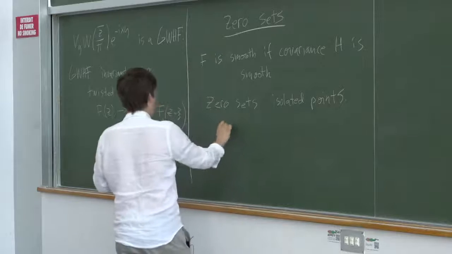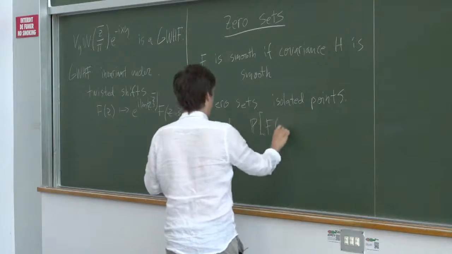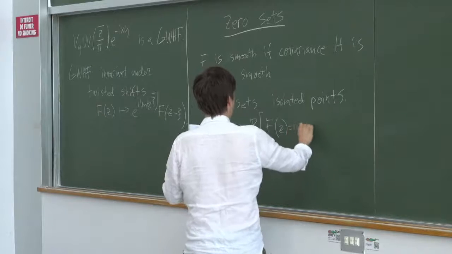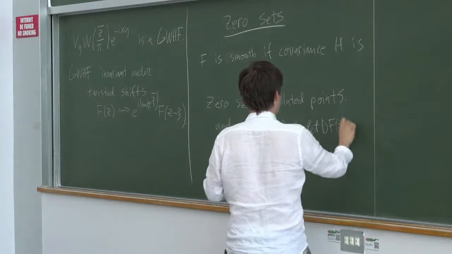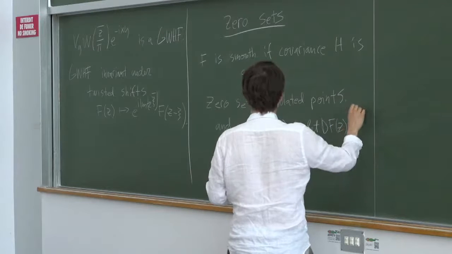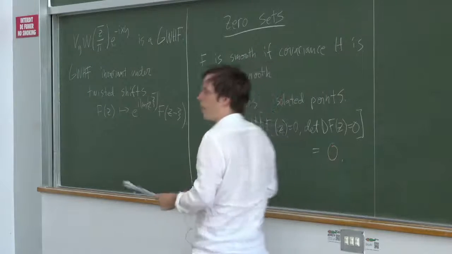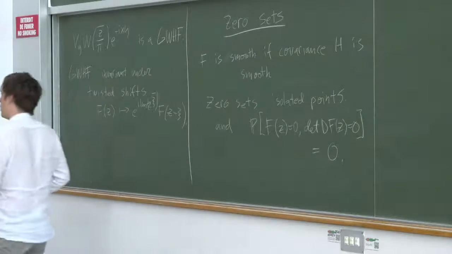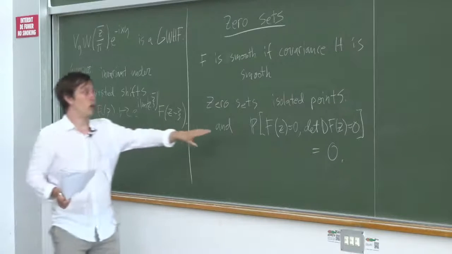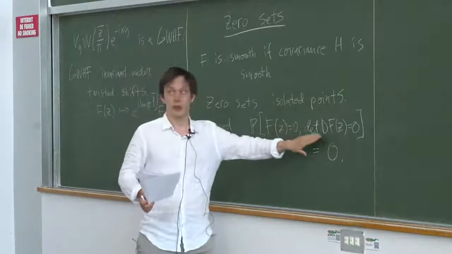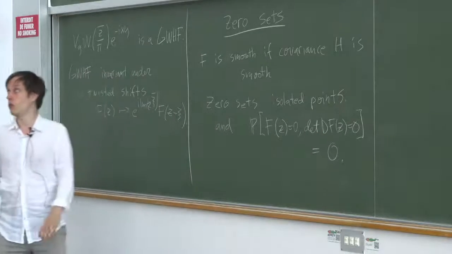And the probability that F(z) is 0 and the Jacobian determinant is 0 is 0. Okay? So each zero should be non-degenerate, in the sense that the Jacobian is invertible at the zero.